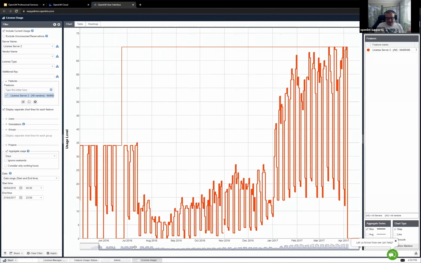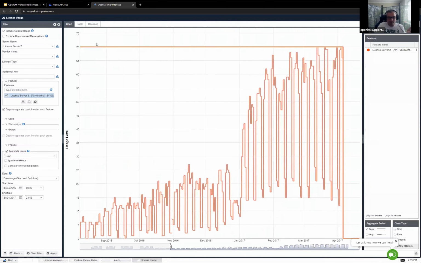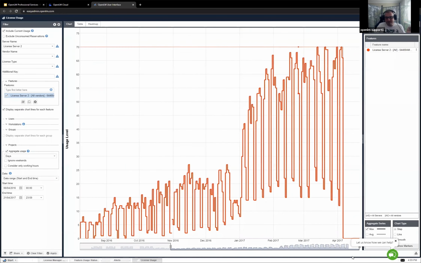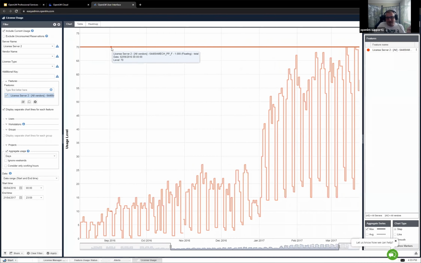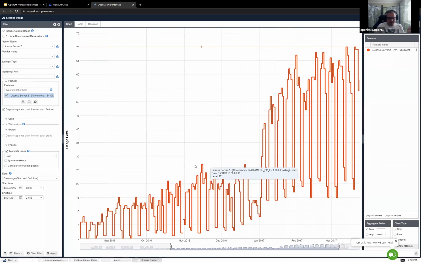So we can see in the report that we do have some quantity that is owned by us. In this case, we are showcasing that we have 70 licenses for AutoCAD Mechanical, and we can see the utilization. Let's say I'm a license manager responsible for AutoCAD, and I need to know how exactly my different Autodesk applications are doing.